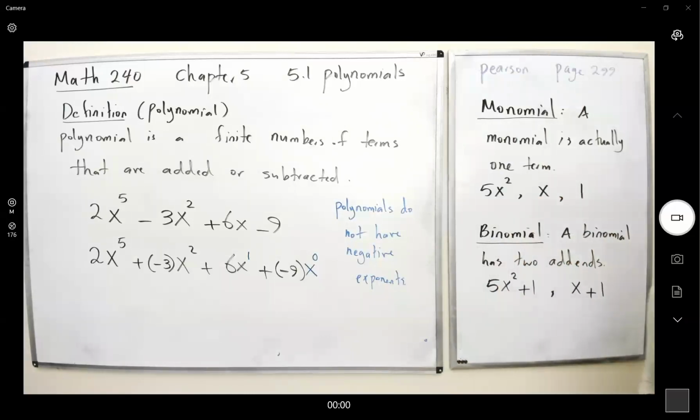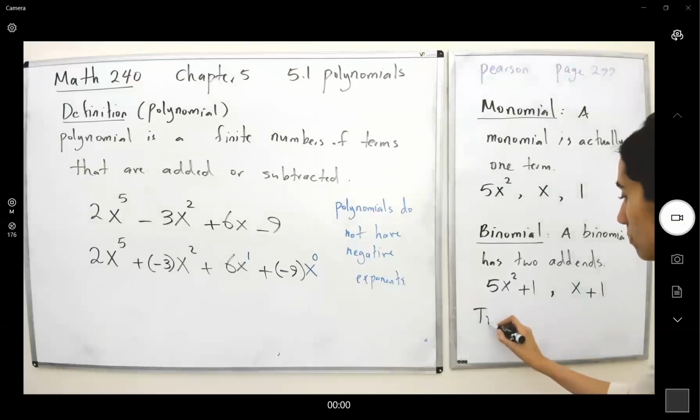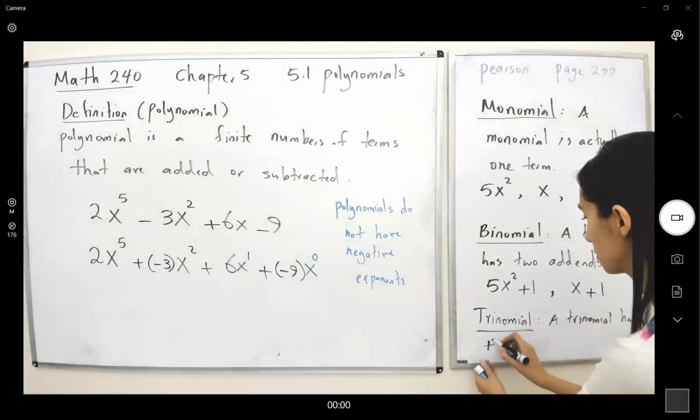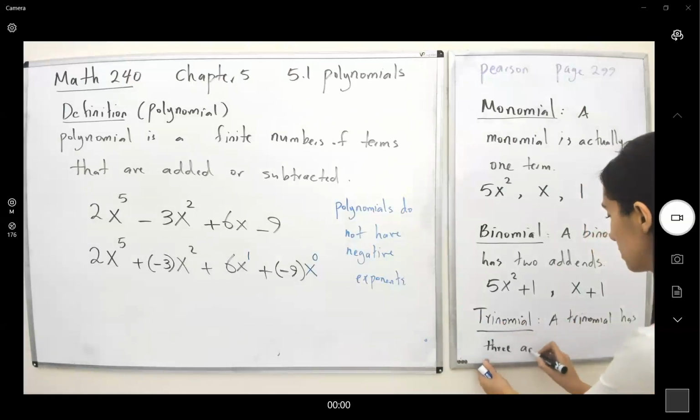As you guessed, if I add 3 terms, I get a trinomial. A trinomial has 3 addends.